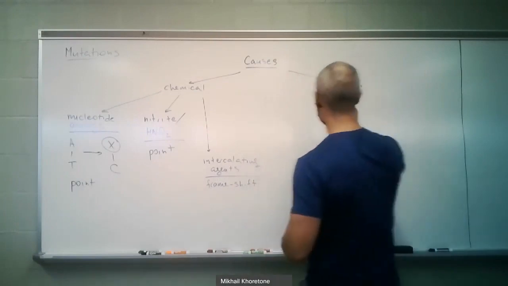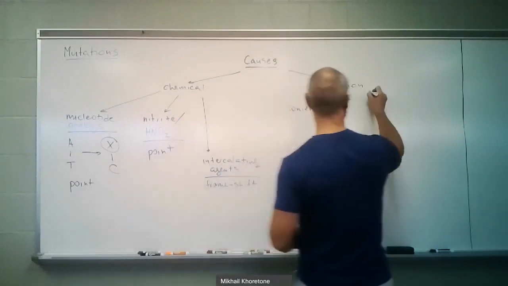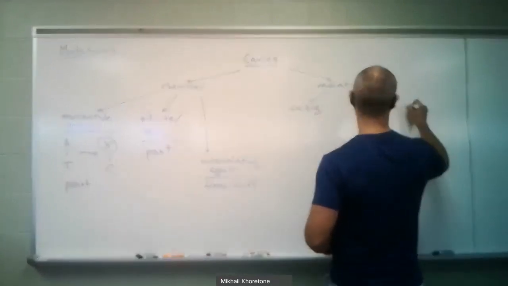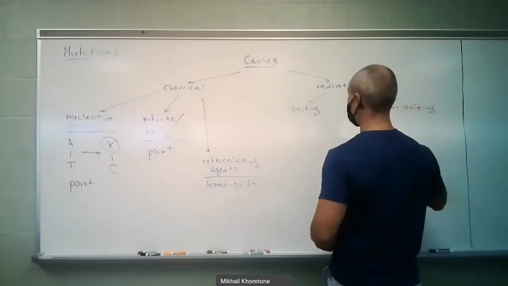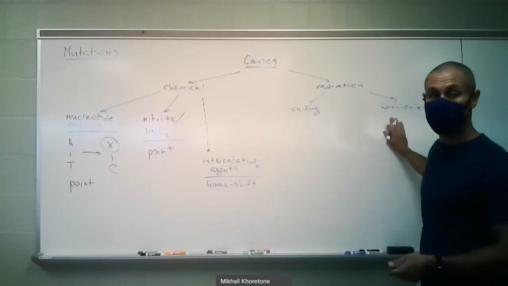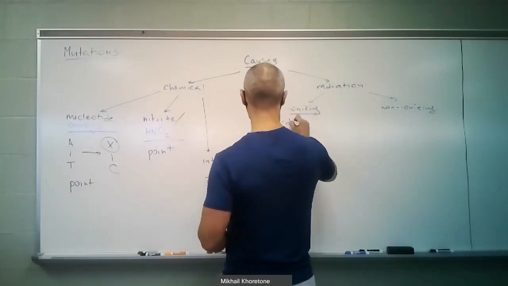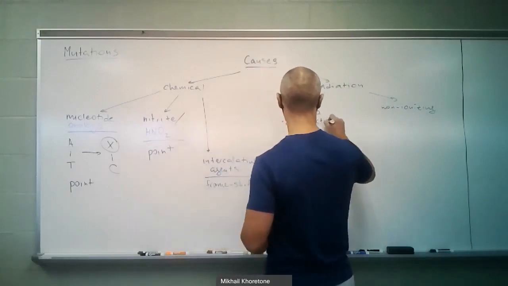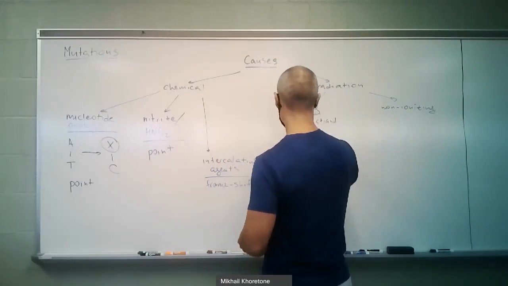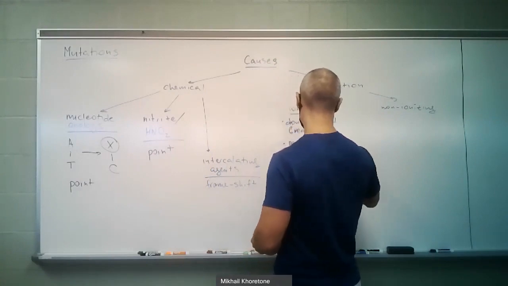Now, radiation. Ionizing radiation and non-ionizing radiation. So ionizing is gamma rays and X-ray. Non-ionizing is UV light. So the mechanism for ionizing radiation is double-strand breaks, and that leads to both point and frame shift mutations.